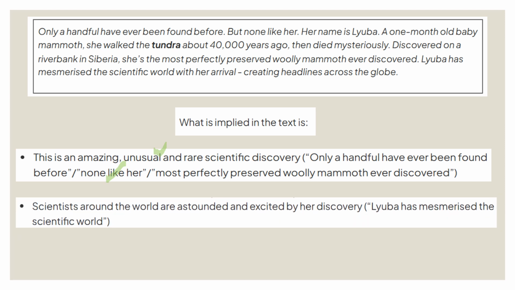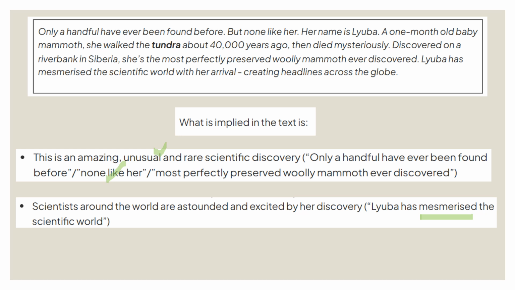Now look at another example. Scientists around the world are astounded and excited by her discovery. Now why do I imply this meaning? Because look at the supporting sentence here. Luba has mesmerized the scientific world. So look at the use of the word mesmerized here by the writer.